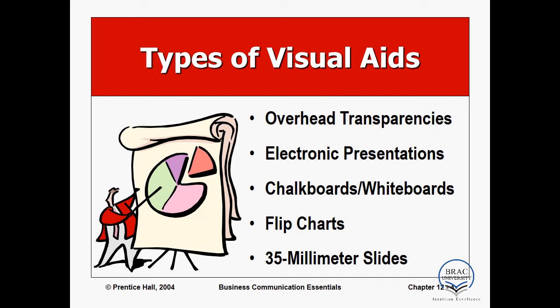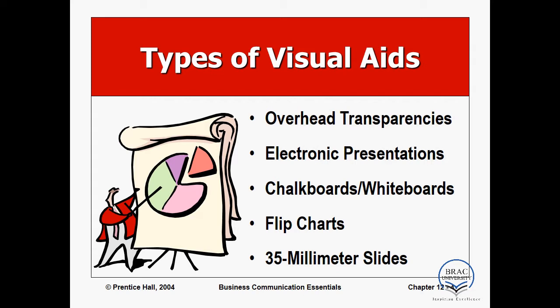There are various types of visual aids: overhead transparencies, electronic presentations, chalkboards, flip cards or 35mm slides, etc. Now, which one you want to use depends on your situation, your location, your company, your audience, various things.